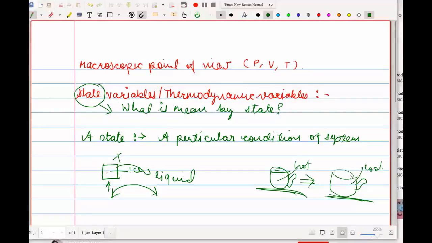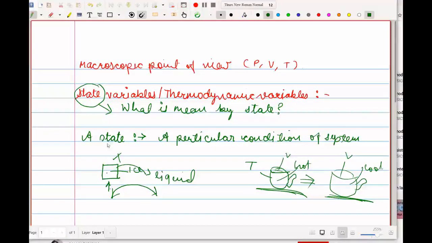So the state we have explained by temperature. If you notice, the volume here is the same as the volume here, and the pressure may be the same.